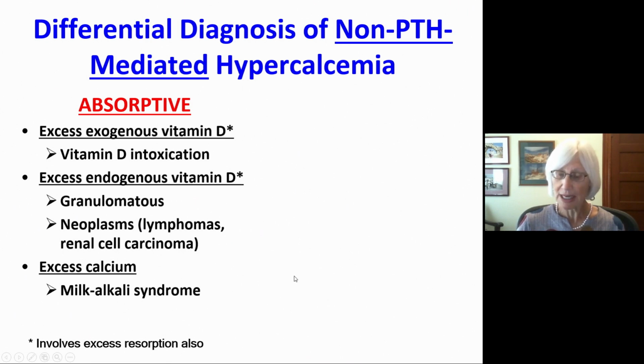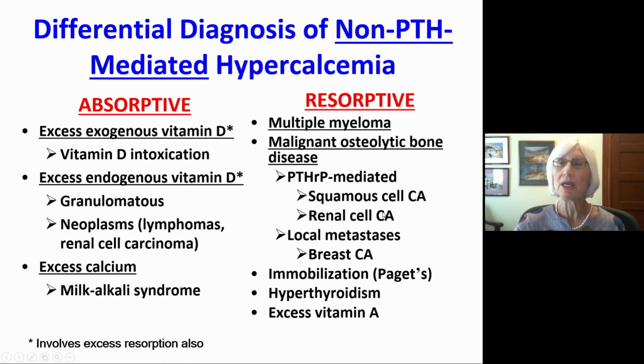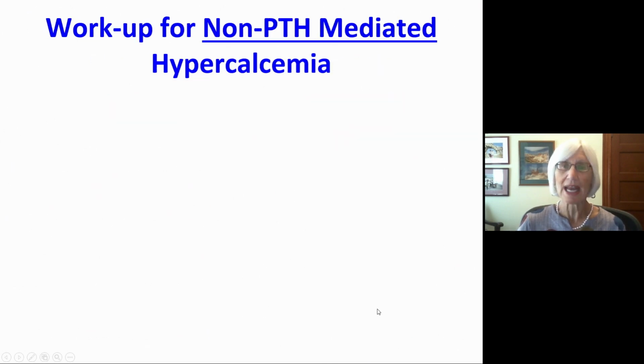or excess calcium in milk-alkali syndrome, versus resorptive hypercalcemia, multiple myeloma being the big one here, malignant diseases with PTHrP-mediated squamous cell cancers, renal cell, breast cancer, which is both osteolytic and secretes PTHrP, and these other entities.